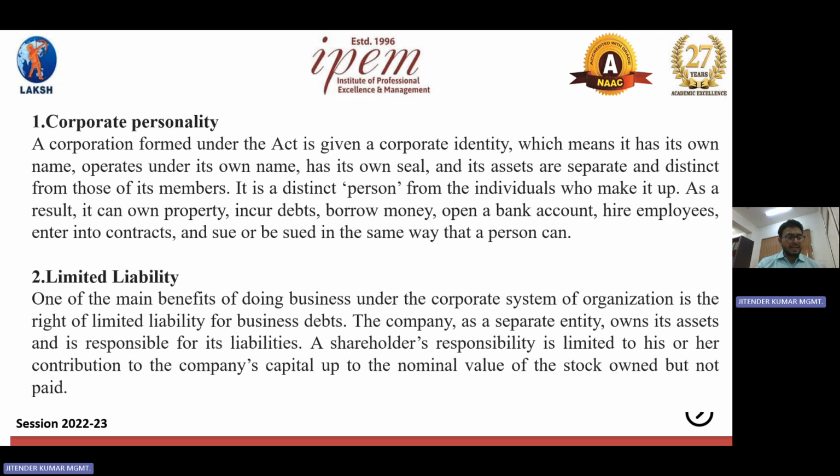Next is limited liability. Limited liability means a member's debt to the company is limited to the amount unpaid on their shares, even if the company has suffered heavy losses. Suppose a shareholder buys 100 shares of 10 rupees each and pays 5 on each share. He has paid 500 rupees; he can make a payment of 500 but cannot be made to pay more than 1000 rupees.